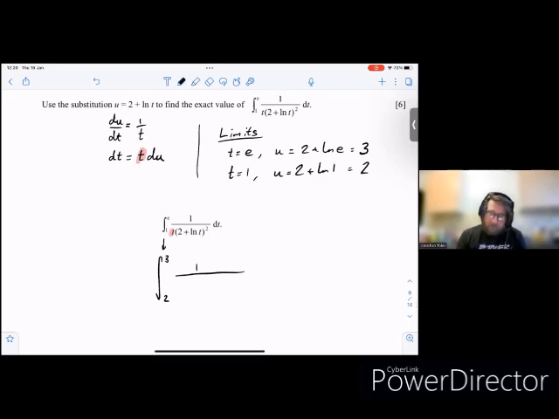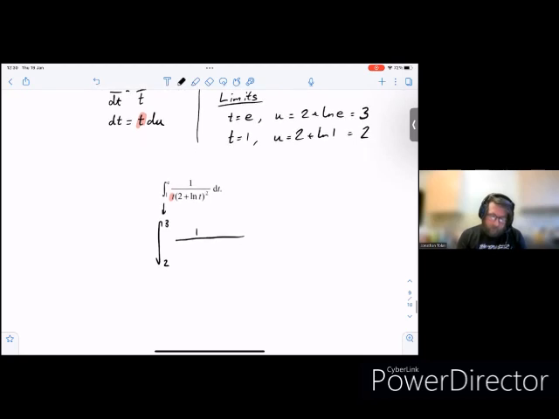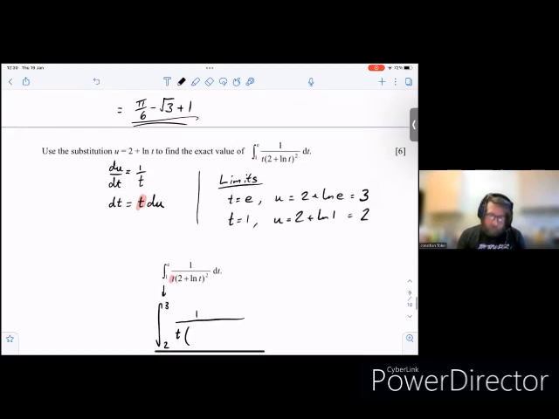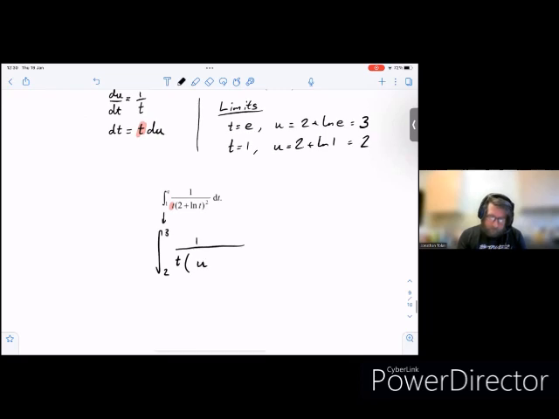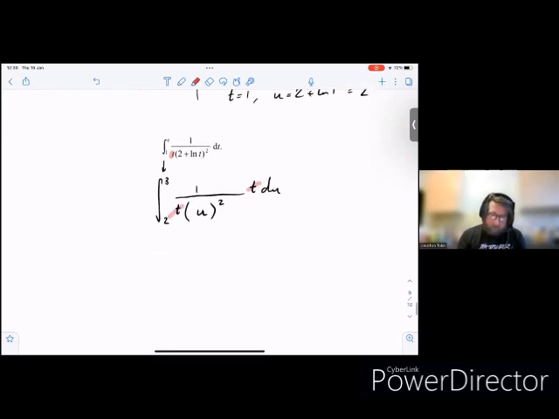So I'm not going to bother changing those in terms of u. So this becomes t times (2 plus log t, that's our u) squared, and dt is t du. So the t's cancel. So that equals the integral of just 1 over u squared, so u to the minus 2 du.